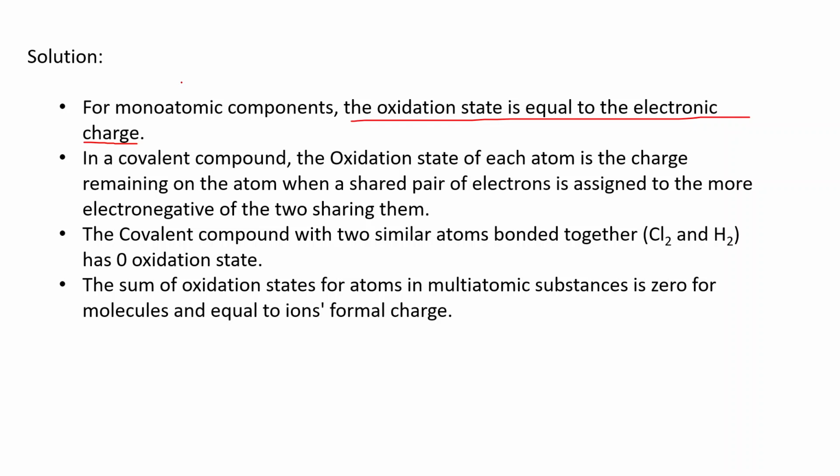So -1 in case of chloride. In a covalent compound, the oxidation state for each atom is the charge remaining on the atom when the shared pair of electrons is assigned to the more electronegative of the two sharing them. Correct. Next is, the covalent compound with two similar atoms bonded together has 0 oxidation state, right? The sum of oxidation states for atoms in a multi-atomic substance is 0 for molecules and equals the ion's formal charge.